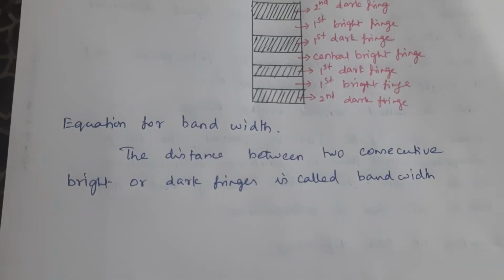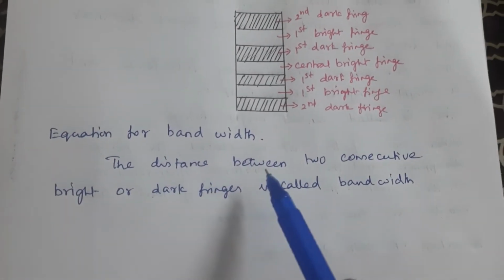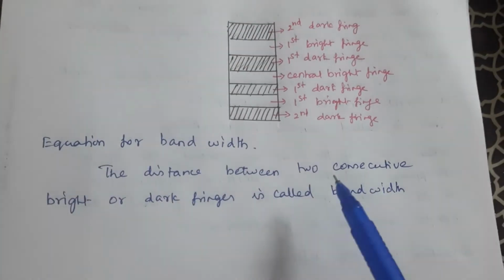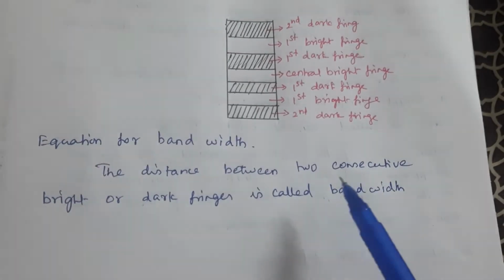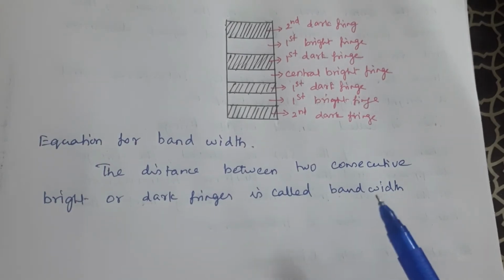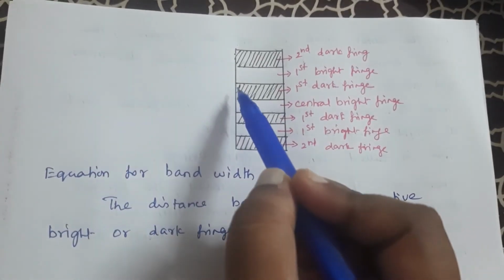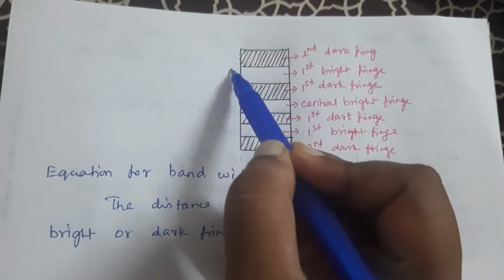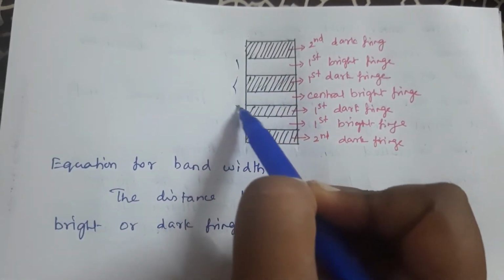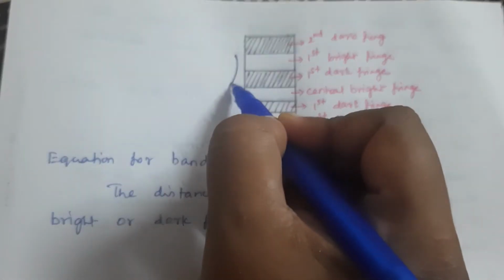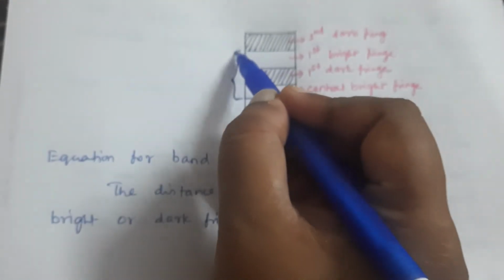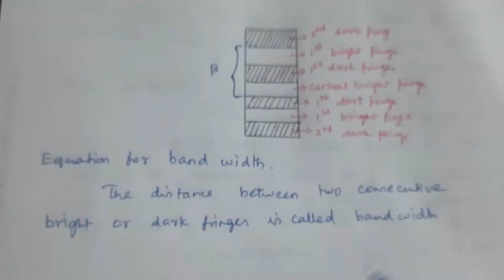Now we are going to find out the equation for bandwidth. What is bandwidth? The distance between two consecutive bright or dark fringes is called bandwidth. So this is one bright and this is one bright, and the distance between this and this is beta.